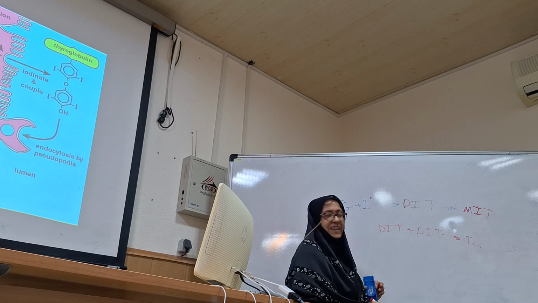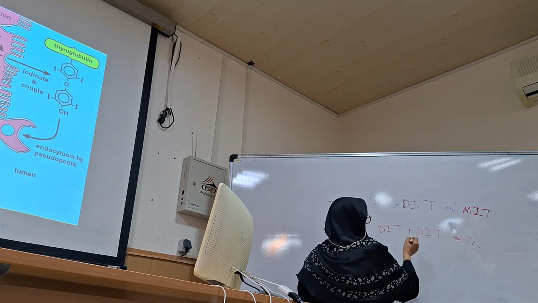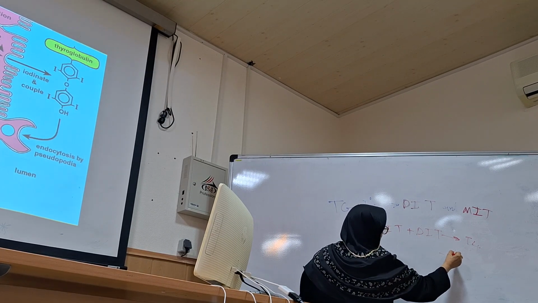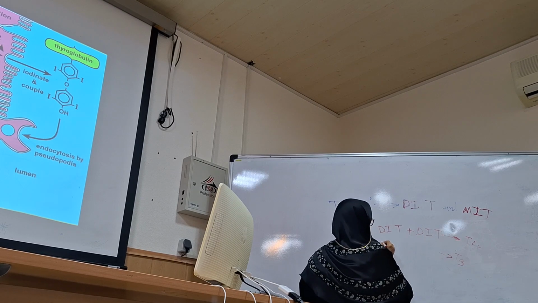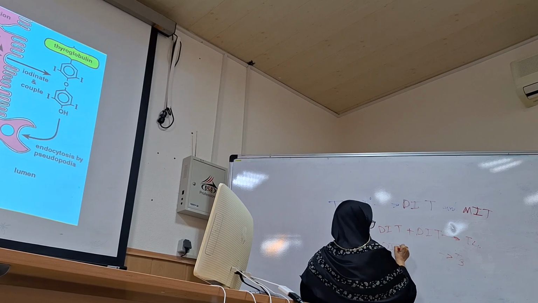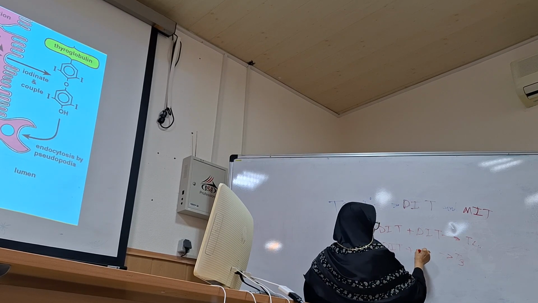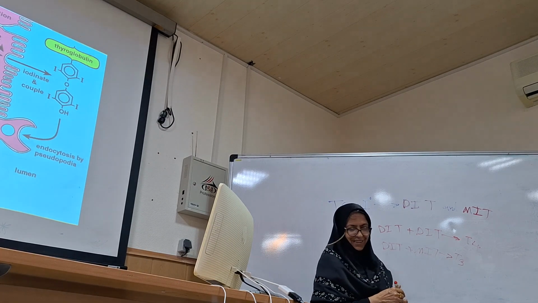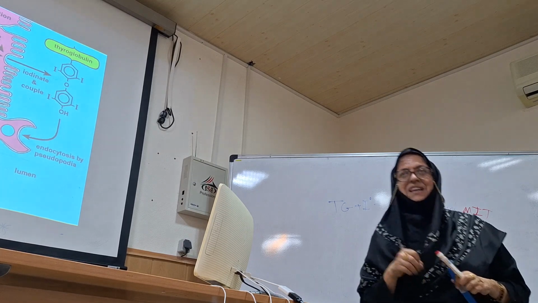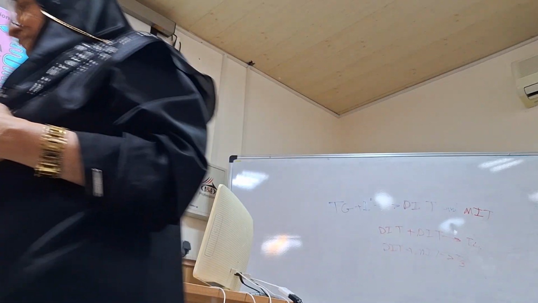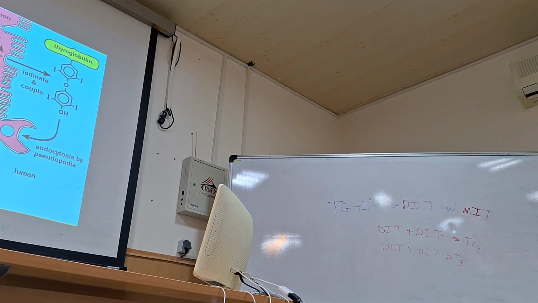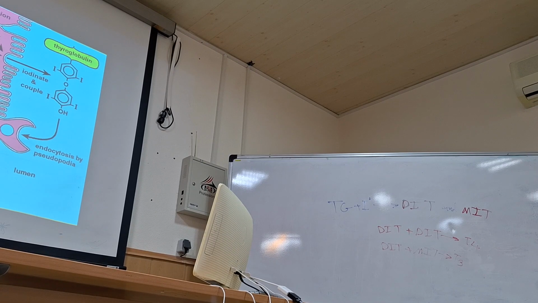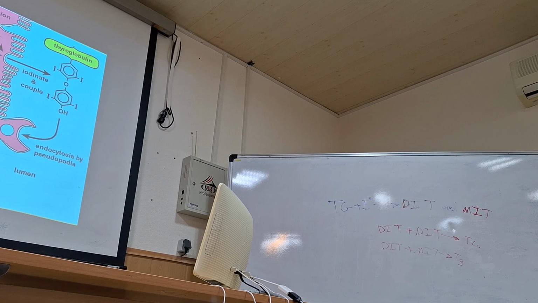Maybe we need T3, therefore DIT plus MIT. Therefore, in the lumen, we have DIT, MIT, T4 and T3, and maybe 1% of reverse T3.